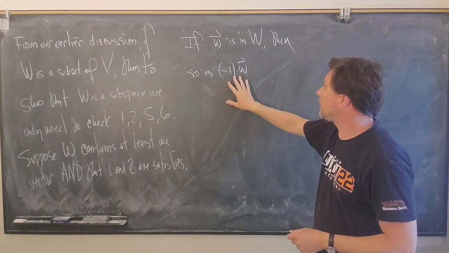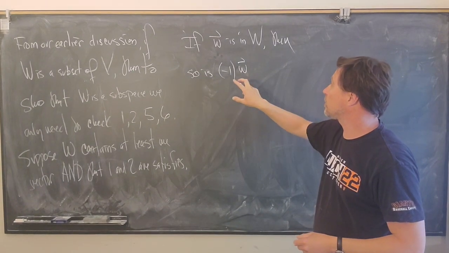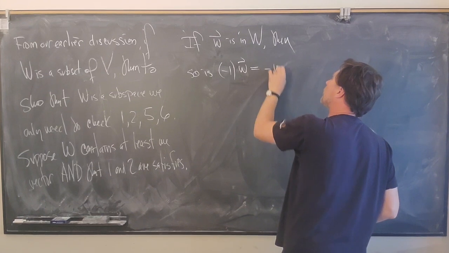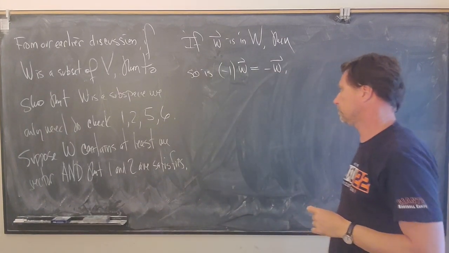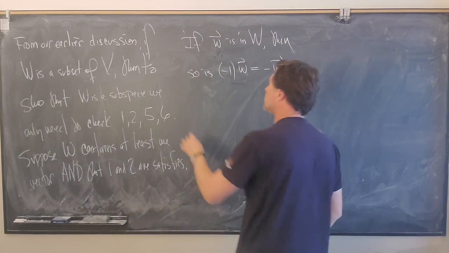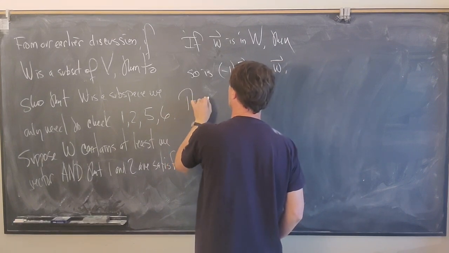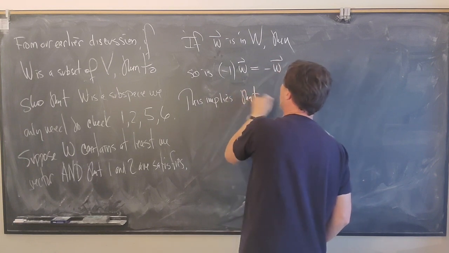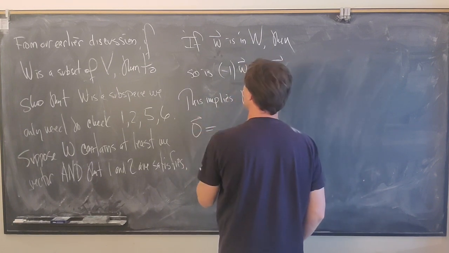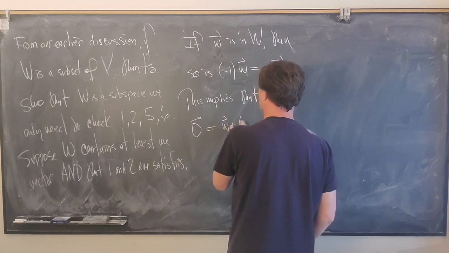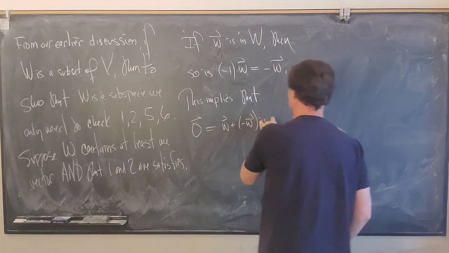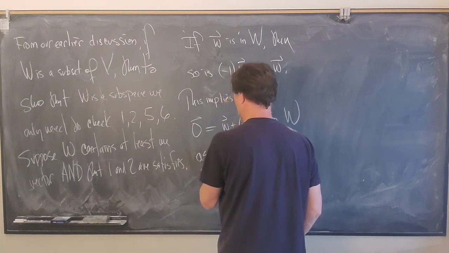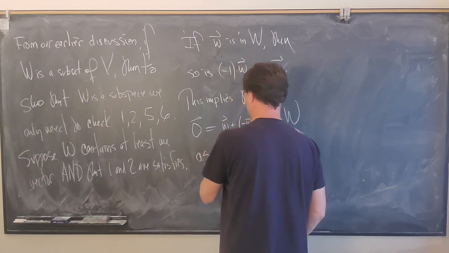In particular, that means that we're closed under scalar multiplication. So if w is in there, then so is minus 1 times w, and that is minus w. So this implies that 0, which is w plus minus w, is in capital W as well.